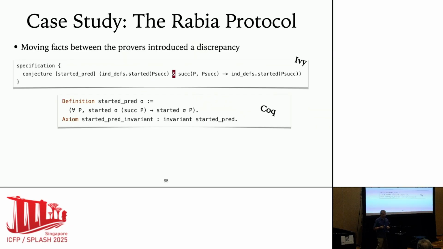I don't have that much time to grill you over this discrepancy, but notice that here, PSAC is a successor of SAC, and this stands in one of the assumptions of this theorem. Here we say that if it holds over the successor, it also holds over P. So this is what they wanted to have, and this is what actually holds true: it holds over the successor, but this was included as an axiom.